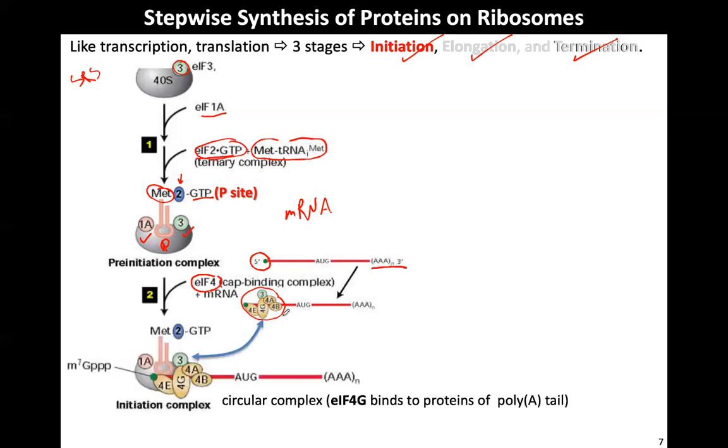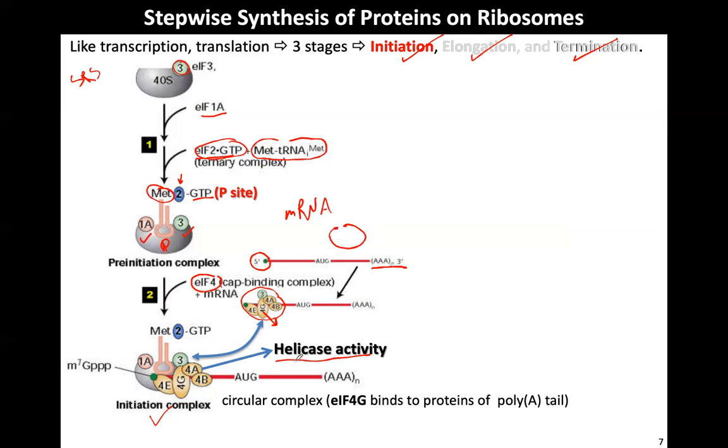Soon after that, you can see that the messenger RNA is bound to the pre-initiation complex to form the initiation complex. The initiation factor 4 complex has some helicase activity. Why is this helicase activity needed? Because the existence of initiation factor 4G leads the messenger RNA to be in a circular structure.